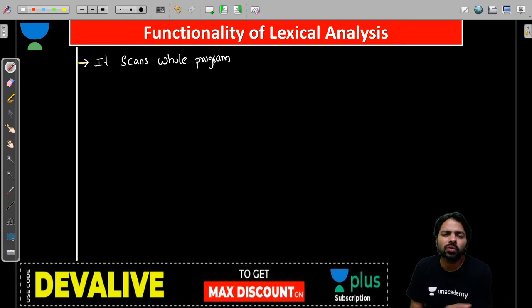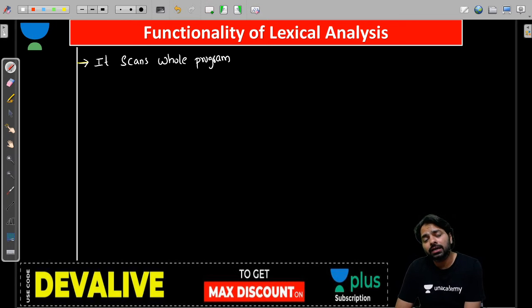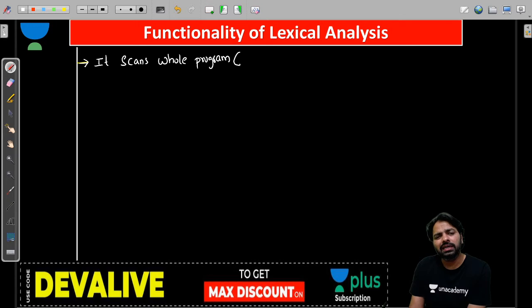Don't say it starts from main; that's the first mistake I made in understanding compilers. The compiler does not start compiling from the main function. It starts from the first character of the file in the program. Is that clear? It scans the whole program, each and every character, without leaving any.